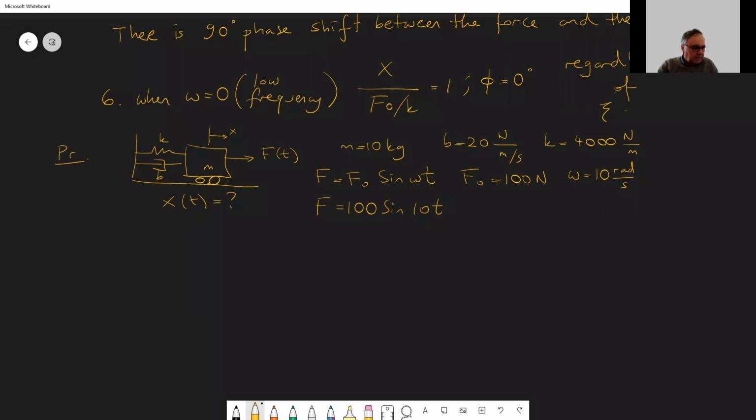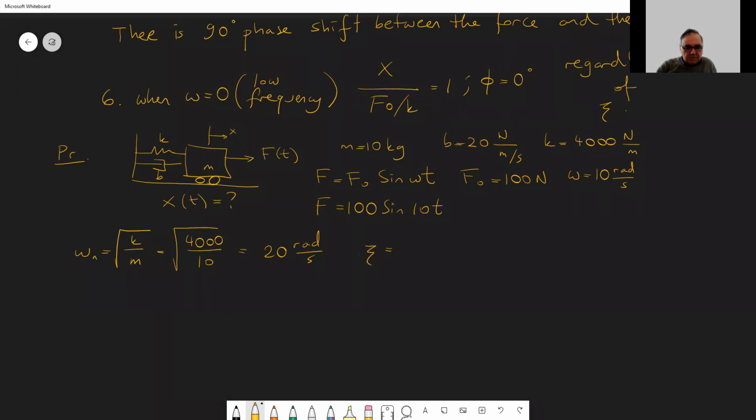Okay, we will have to find our parameters first. The natural frequency is root k over m, which is 4,000 divided by 10, 400, so it's 20 radians per second.